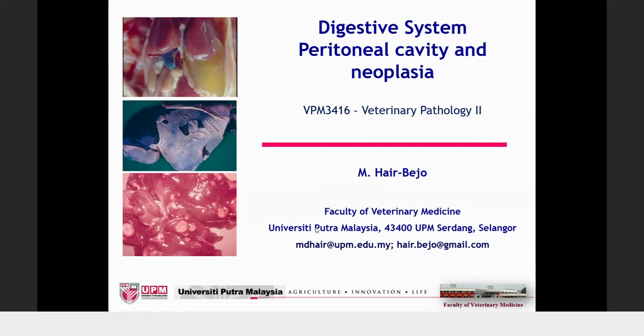When we move further down, most of the organs of the GIT are present in the abdominal cavity. We have the stomach and the intestine, small and large, and partly also the liver, because the liver has direct communication with the GIT through the bile ducts.